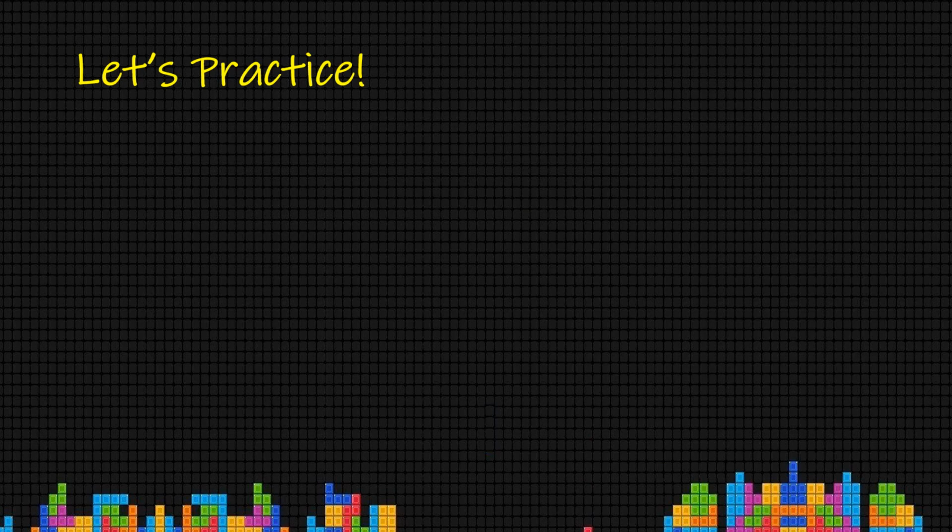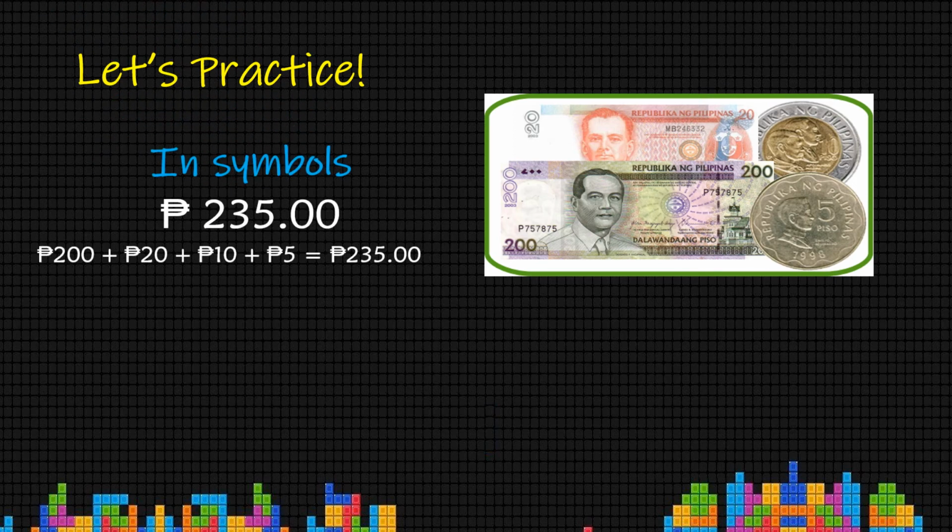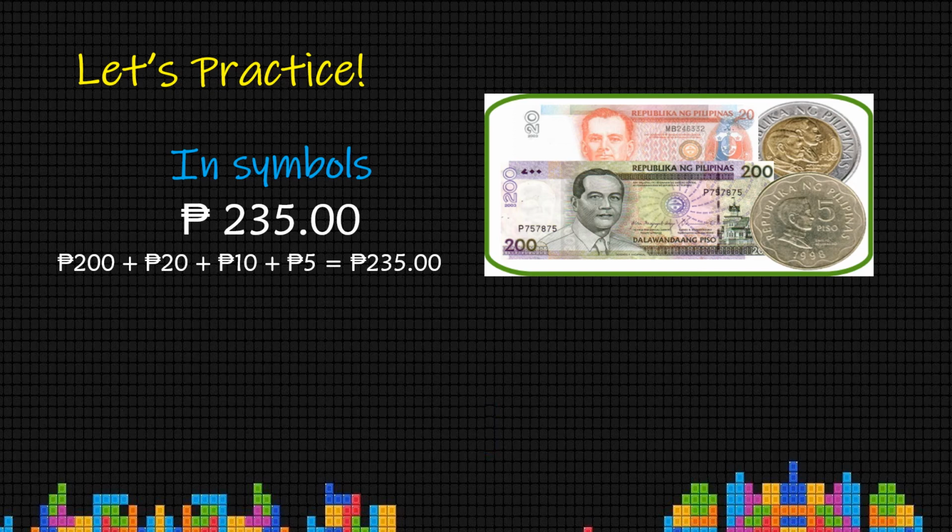Now let's practice. Can you tell the total amount of money in the picture? To get the total amount of money in the picture, we just have to add all the bills and coins. So we have 200 pesos plus 20 plus 10 plus 5, the total is 235 pesos.